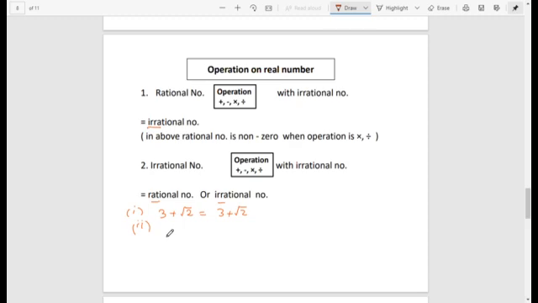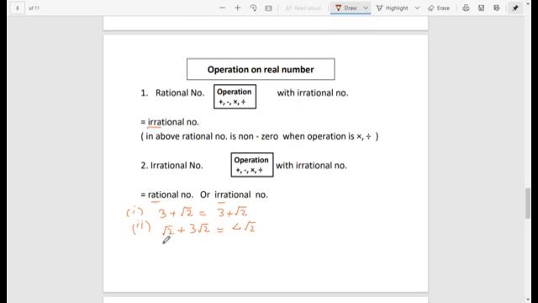So again here, suppose we add an irrational number root 2 plus 3 root 2. So root 2 is irrational number, 3 root 2 is irrational number, so we'll get 4 root 2, which is also irrational number.